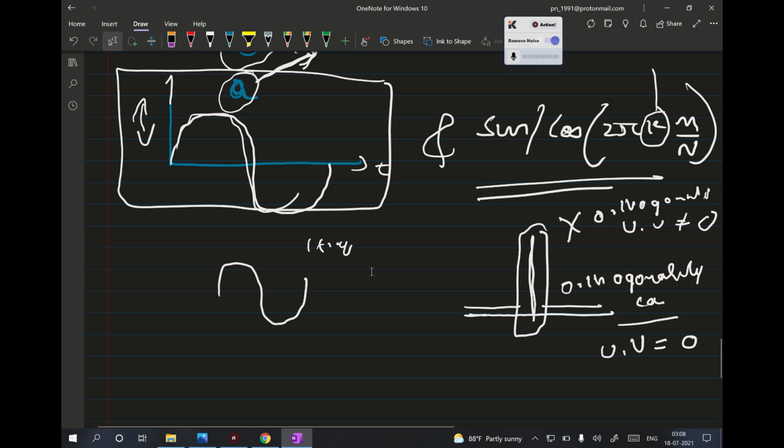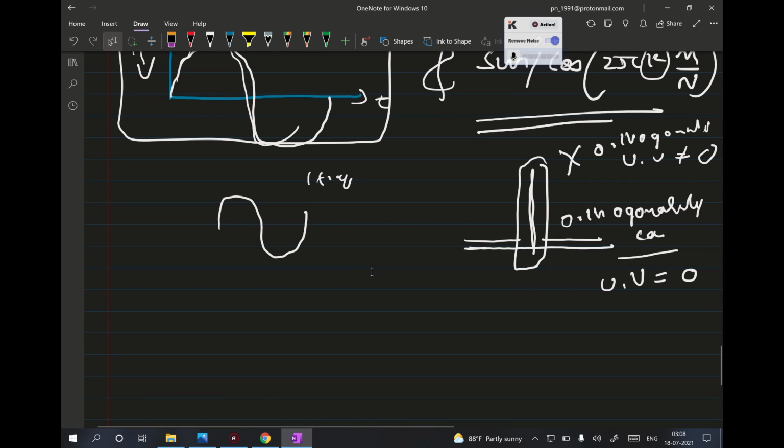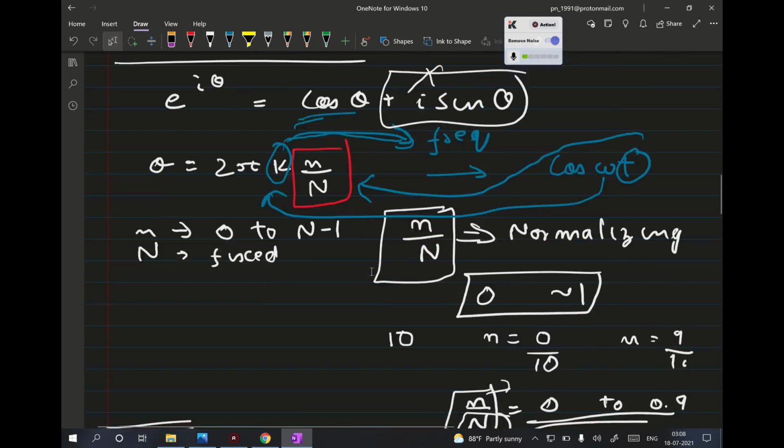So this was the basis of the Fourier transformation.